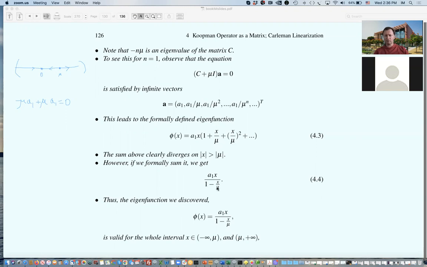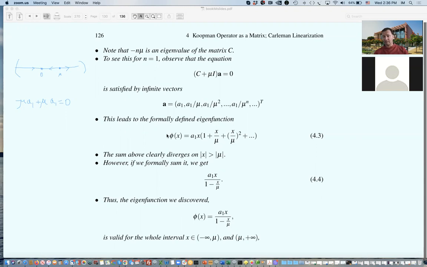When x is equal to mu, that's precisely the fixed point, the denominator is 0, and so it's not going to work there. But everywhere else, it's a perfectly fine, finite function.